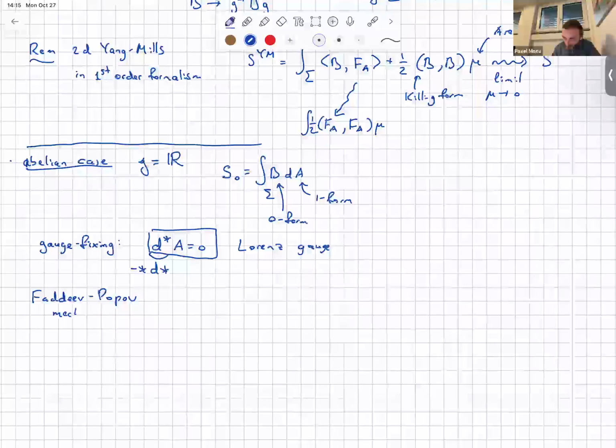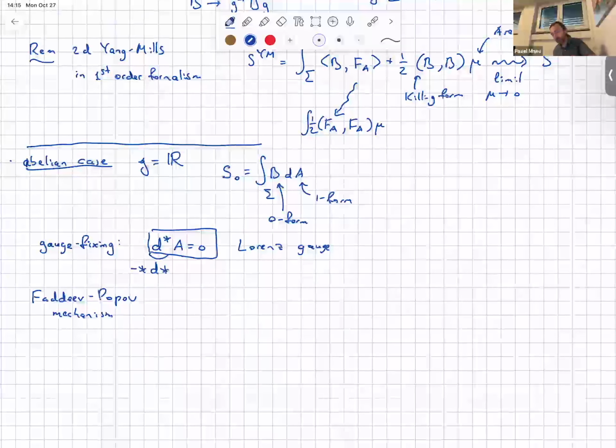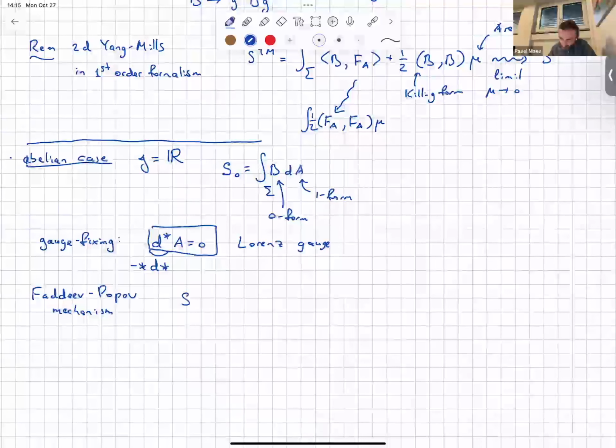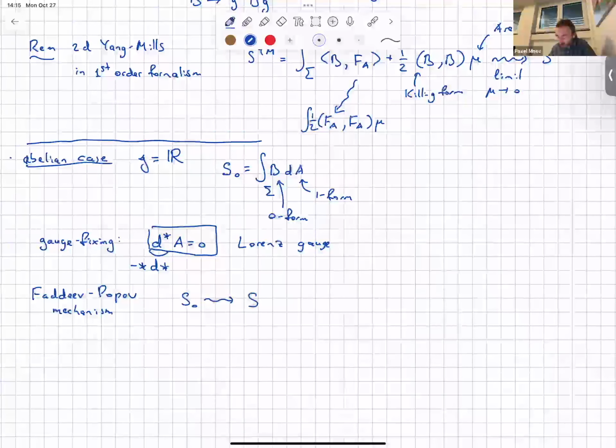So the Faddeev-Popov mechanism says how to impose a gauge on a field theory. Applying it in this example tells you that you should replace the action that we had with a new action, which depends on some extra fields.